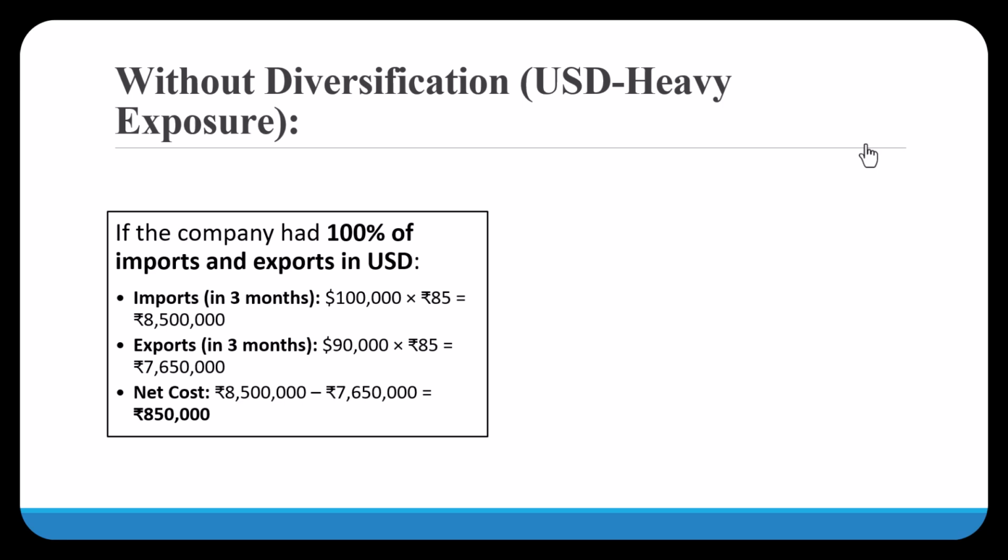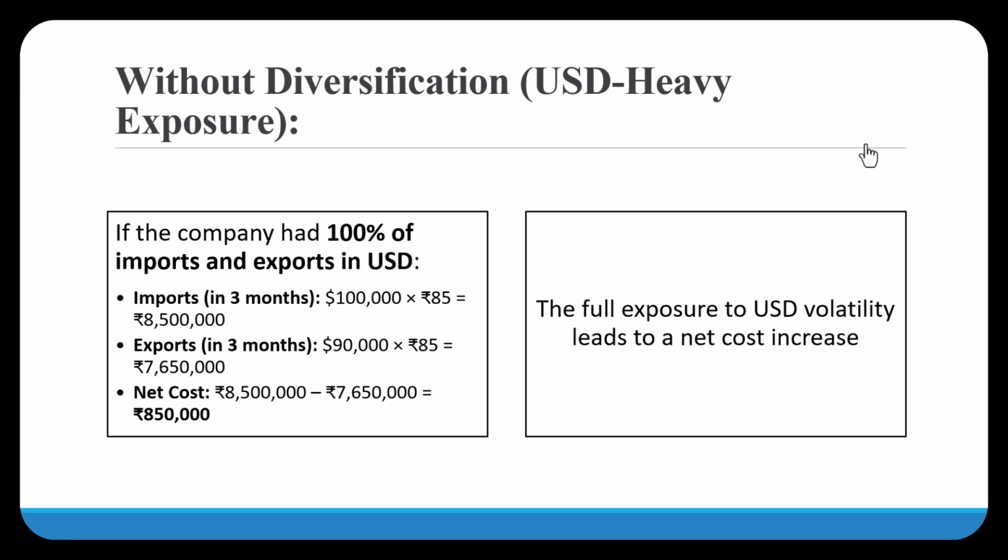If the company had 100% of its imports and exports in US dollars, imports in 3 months would have been close to about 85 lakhs and exports would have been 76 lakhs. So their net cost would have been 8,50,000, exports minus imports. So the full exposure to US volatility leads to a net cost increase.